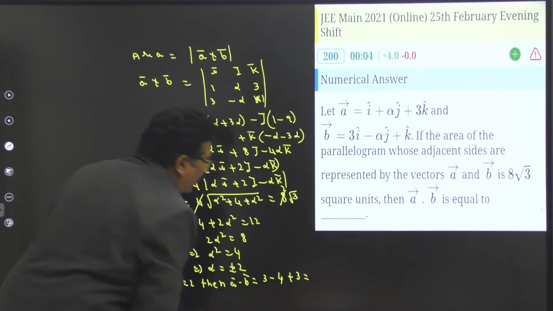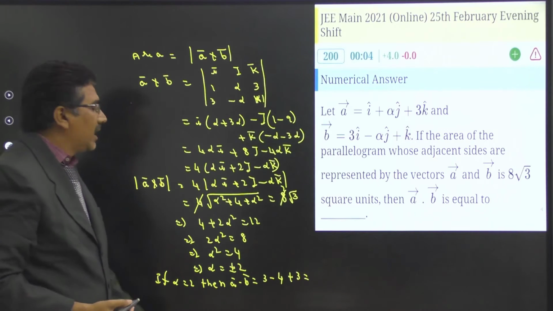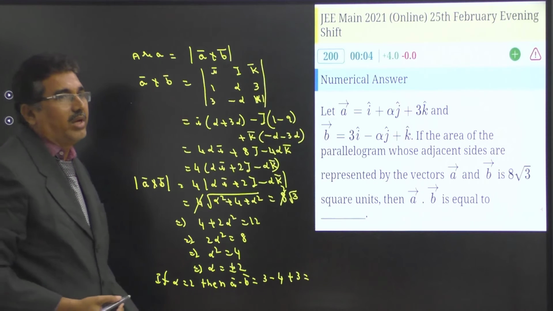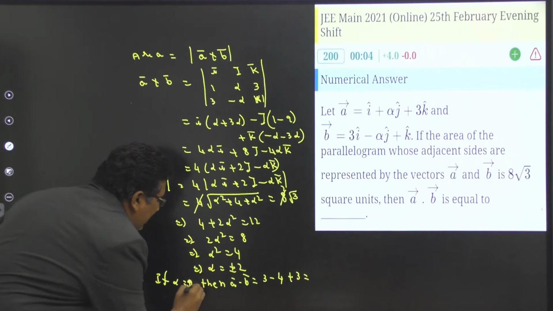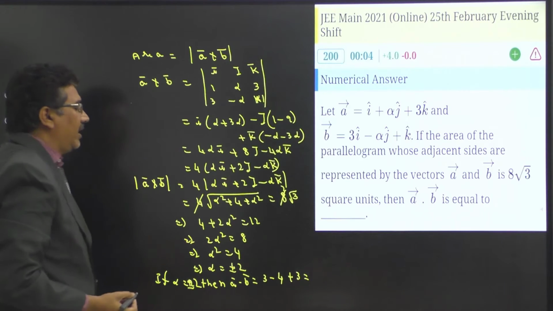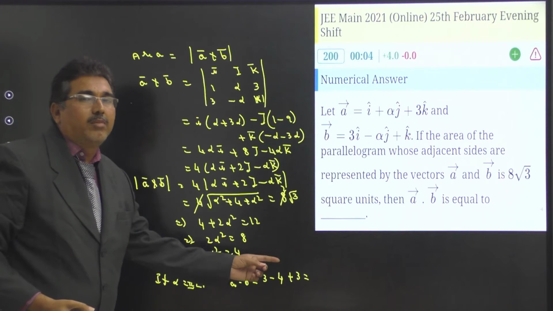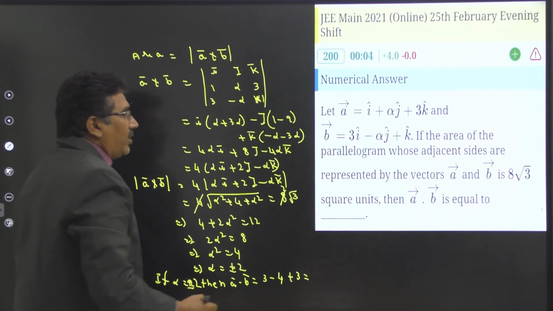Here in a bar dot b bar we get alpha square, so alpha may be plus or minus 2, and then a bar dot b bar has the same value, that is equal to 2.